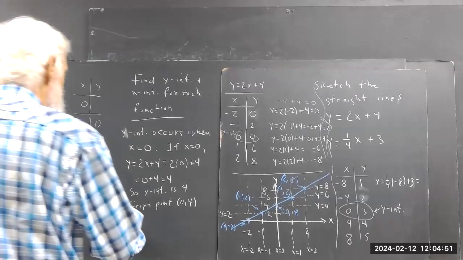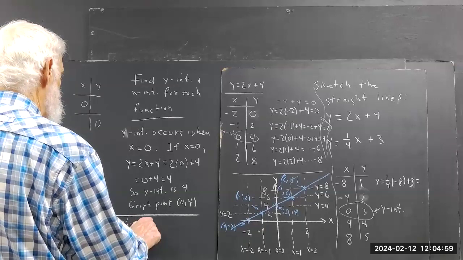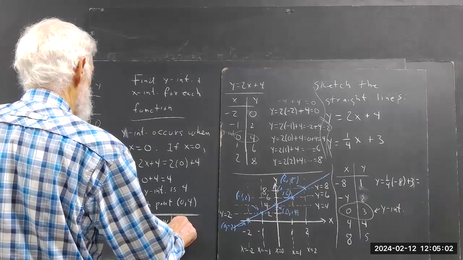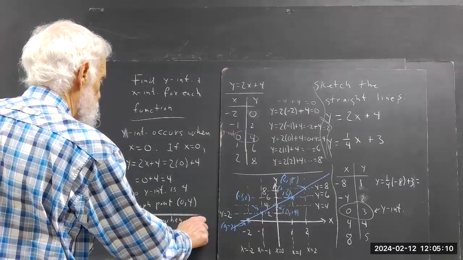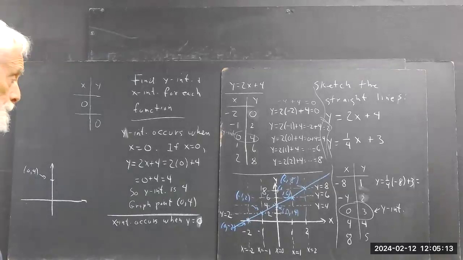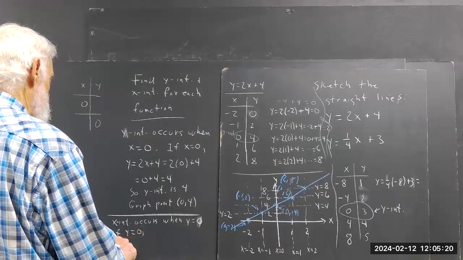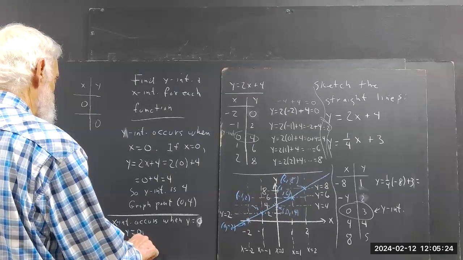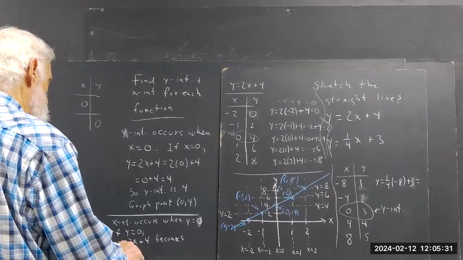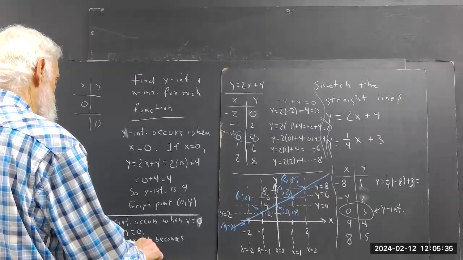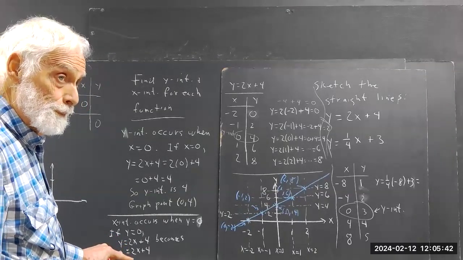It's going to give you a useful picture. Now, the x-intercept occurs when y equals 0. With y equals 0, y equals 2x plus 4 becomes 0 equals 2x plus 4.